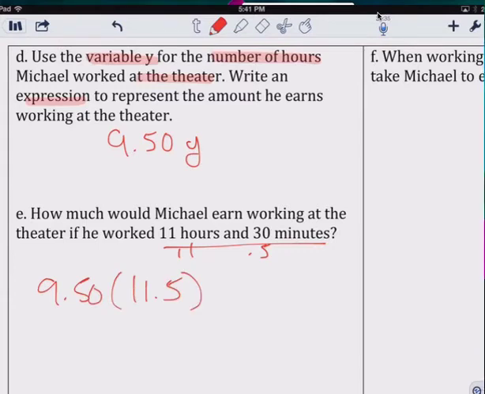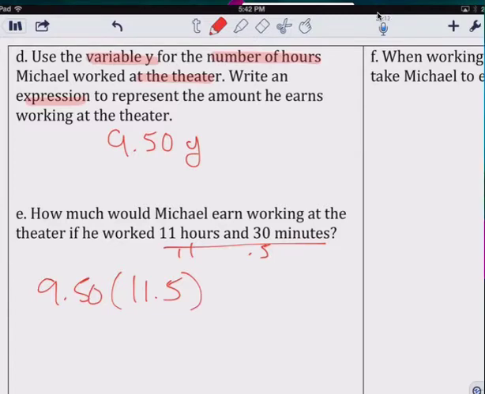Let me get a calculator. 9.5 times 11.5 equals... let me double check my calculator.